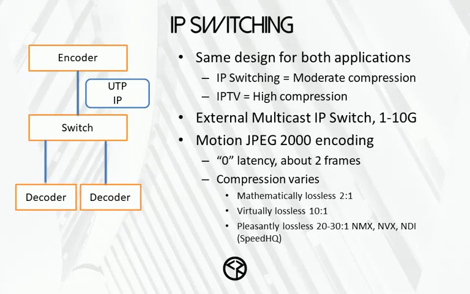The newest switching scheme, IP switching, is one of the new popular things, and that's what everybody's touting at the shows now. And you will find that manufacturers of traditional AV switches like Crestron or AMX also have various solutions for IP switching as well.